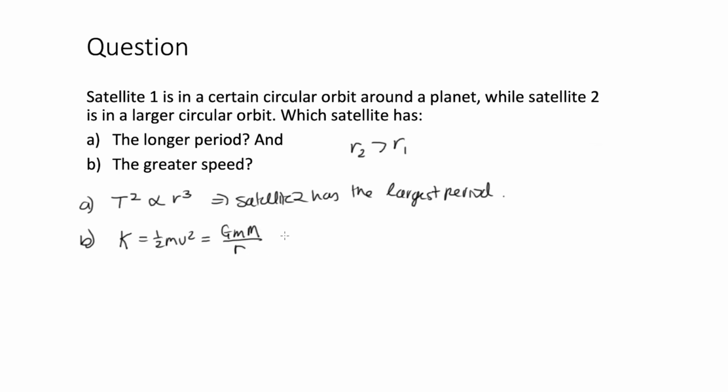So this tells us that v squared is proportional to 1 over r, or that if we have a smaller radius, we have a higher speed. So this tells us that satellite 1 will have the higher speed.